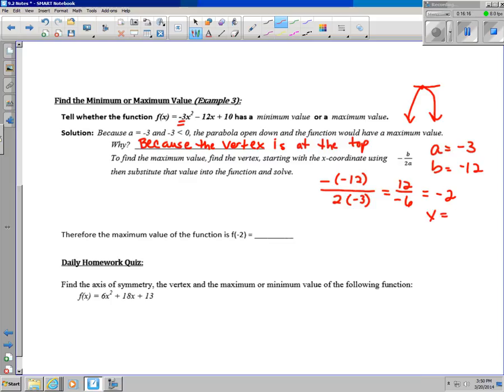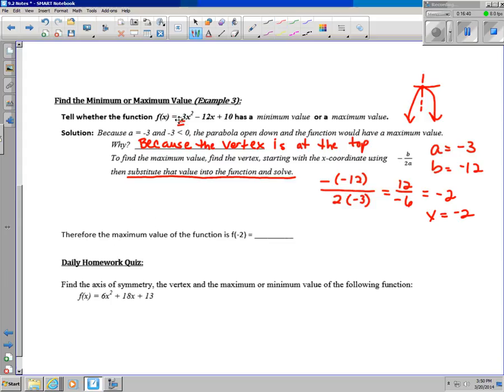So x equals negative 2. That would be where my axis of symmetry would lie. And my vertex would have an x-coordinate of negative 2. So I'm going to take that value and substitute it into the function and solve for y. And that would give me my maximum value.